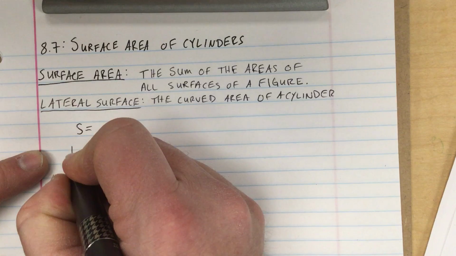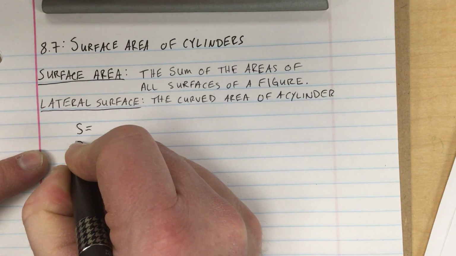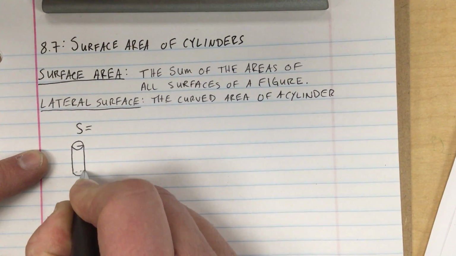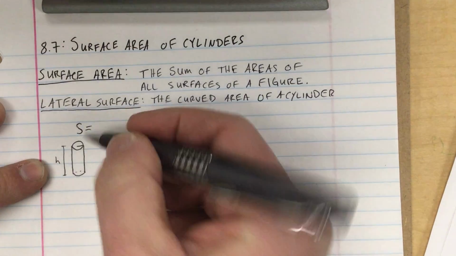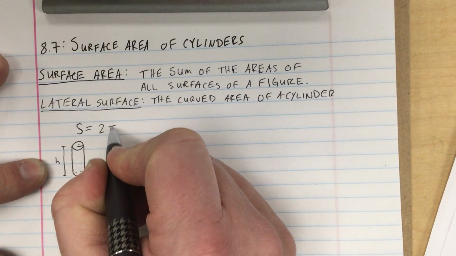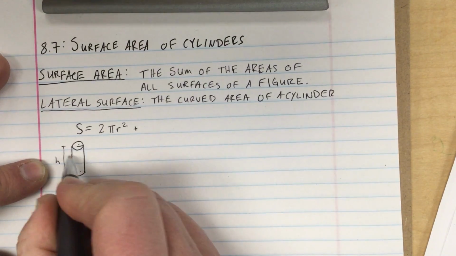Again, here's your cylinder. You have a radius, and you have your height. So for surface area, you're going to have the 2 circles, which is twice the area of one of the circles, so it's 2 pi r squared. And then you're going to add this lateral surface area.